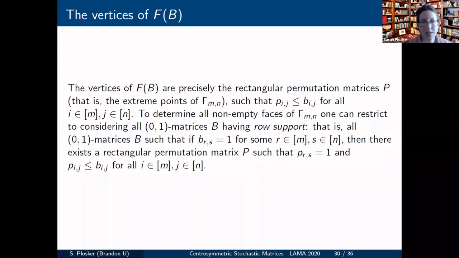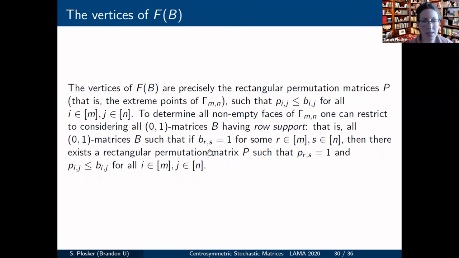So we can characterize that. The vertices are precisely the rectangular permutation matrices, the extreme points that are entry-wise less than or equal to the fixed constructed matrix B. And to determine all the non-empty faces, you can look at matrices having row support.